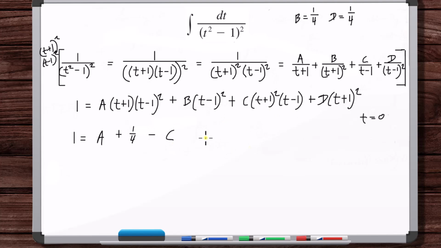Okay, and then plus 1/4, and then this is 0. Yeah, there we go. So we've got a minus c plus 1/4 plus 1/4. Okay, now 1 minus 1/2 is 1/2. So now multiplying this entire equation by 2, you have 2a minus 2c is equal to 1.